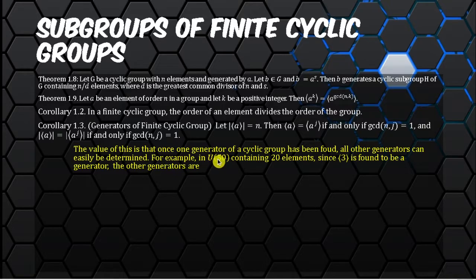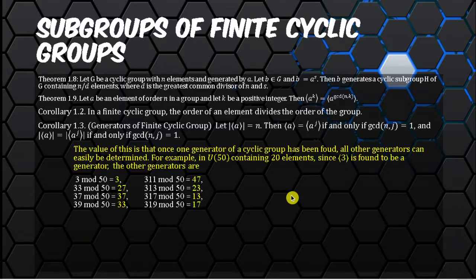Ano yung laman ng U of 50? Ito yung set containing numbers, integers, starting from 1 that are relatively prime to 50. So, it's not 50, less than 50 yan, pero madami pa rin yan. It's like 1, 2 is not included, 3, is it included? Yan. Pero nakalagay na the subgroup generated by 3 is a generator.